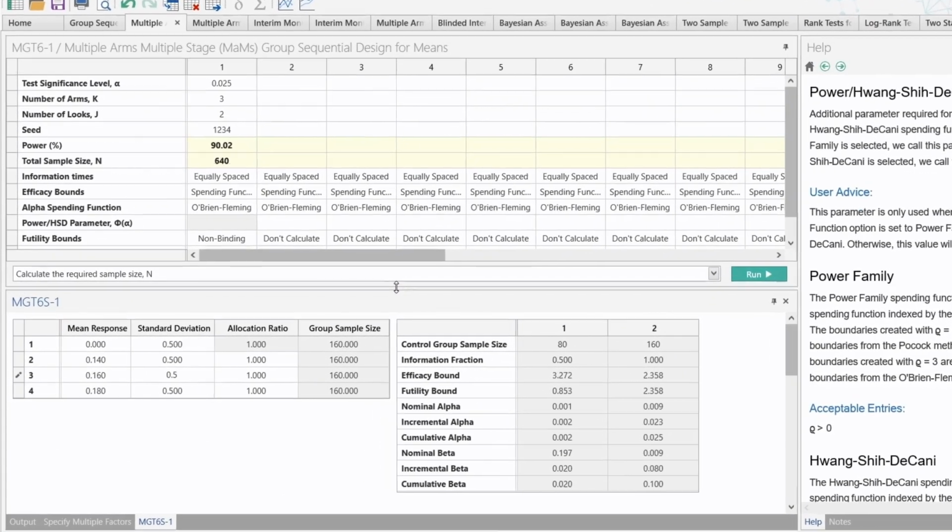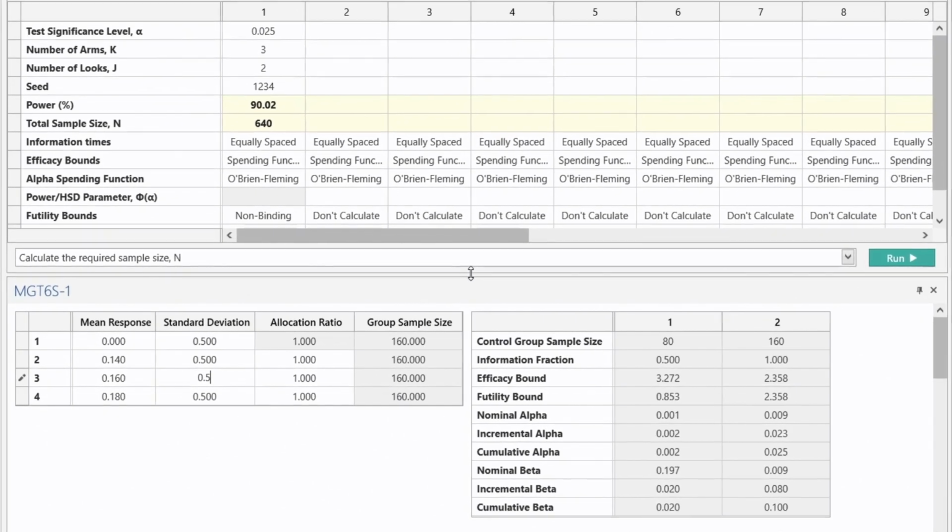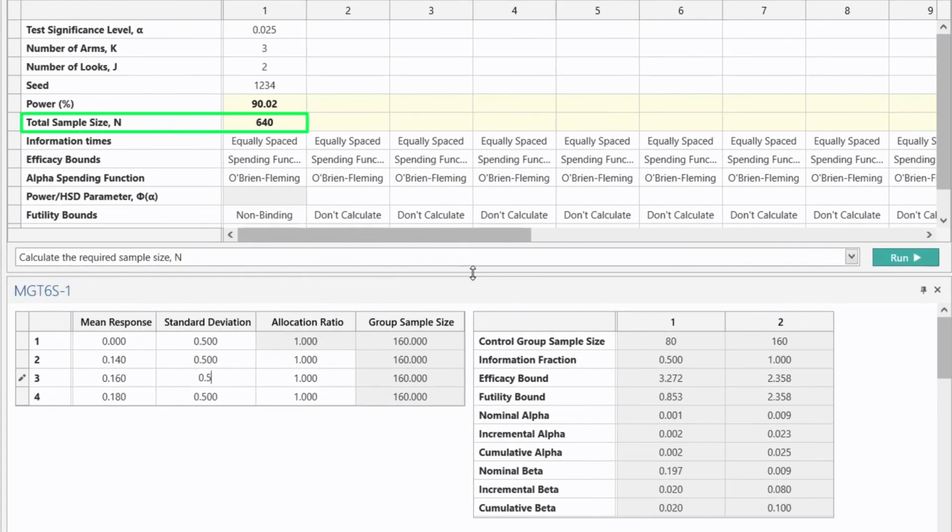So, based on the inputs we gave, it requires a total sample size of 640, or 160 per group. You can see here that if the standard z statistic, which was the maximum, was greater than 3.272, we would stop early for efficacy.